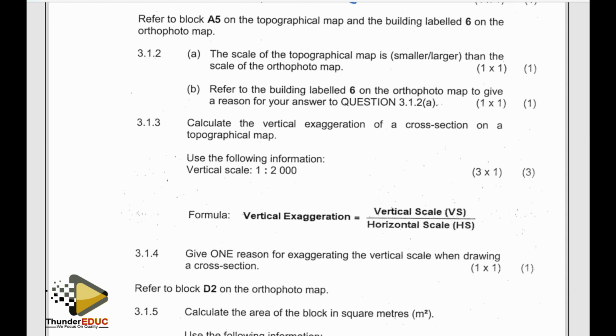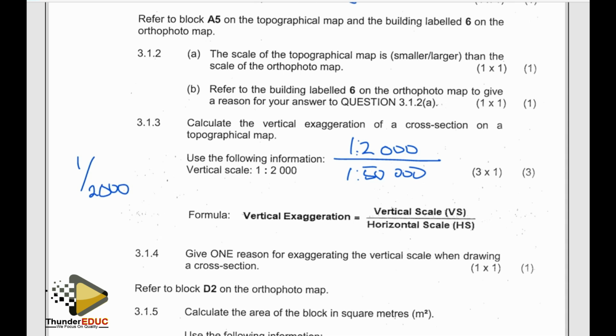We can only stretch the vertical scale, which is 1:2000, and the horizontal scale we cannot change. It's an extract from a cross section taken from the topographic map. We know that topographic maps are drawn to the scale of 1:50,000. So our vertical scale is 1:2000 and our horizontal scale is 1:50,000.